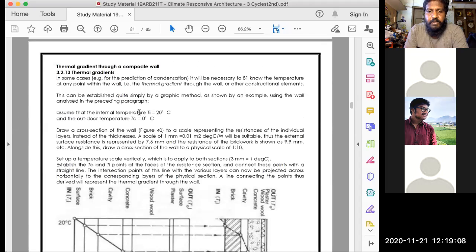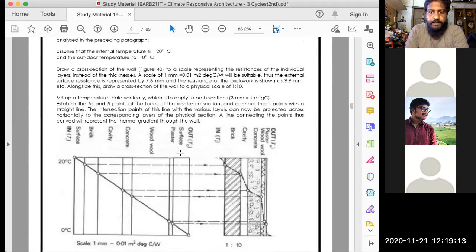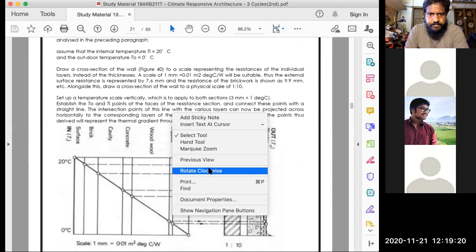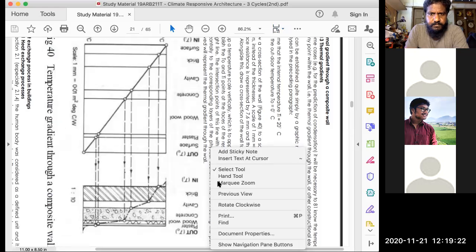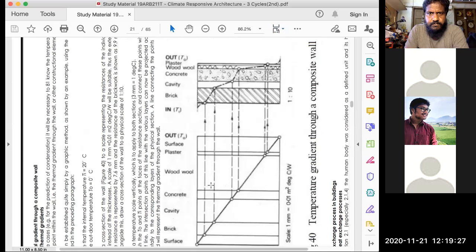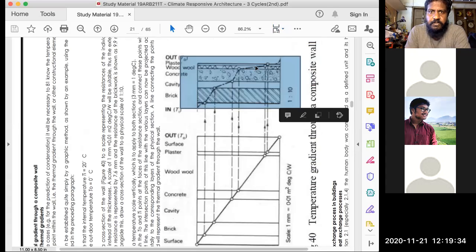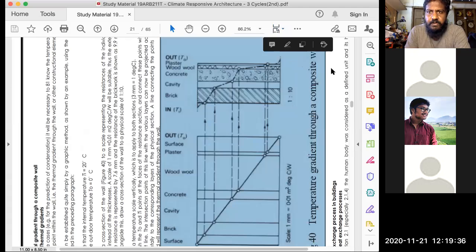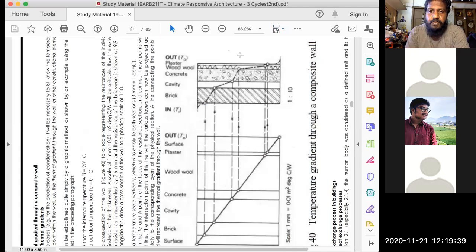This gives you a calculation of the thermal gradient through a composite wall. This is a composite wall, and it shows how the temperature passes through and gets its value.